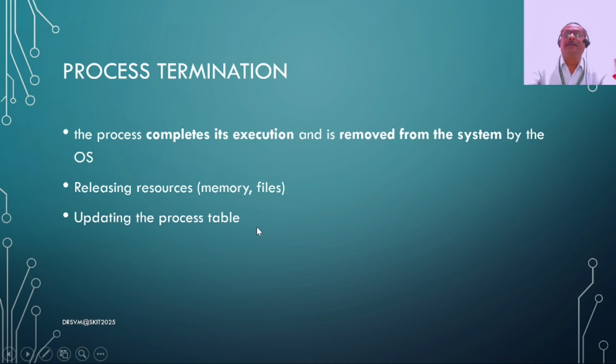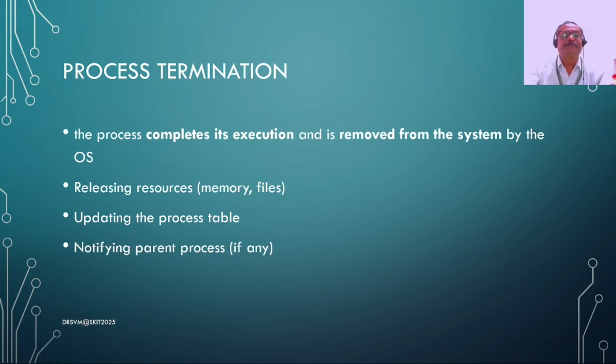Has it created any child process? If so, what is the ID of that child process? All the details are in this process table. So once a process no longer exists, the process table has to be updated. That line has to be erased from the process table, otherwise it creates havoc.